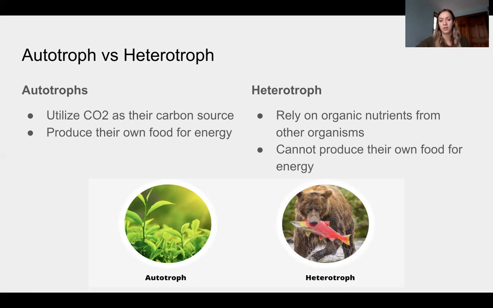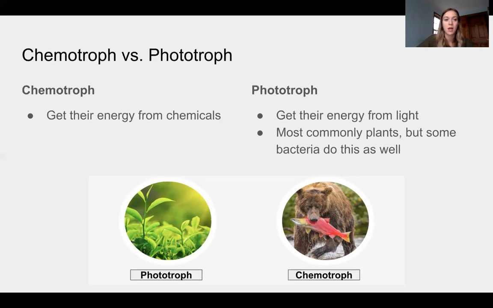They rely on other organisms to get their organic nutrients, and they cannot produce their own food from energy. So chemotrophs get their energy from chemicals. So again, just like eating something, and then phototrophs get their energy from light. Again, most easily you can think of as plants. Some bacteria like the cyanobacteria do this as well.